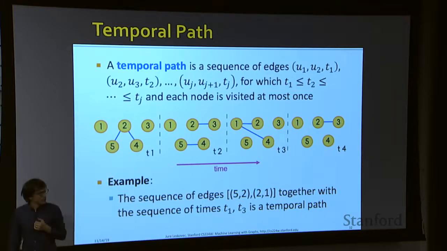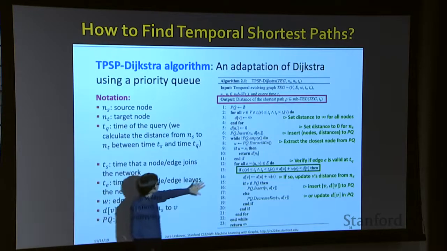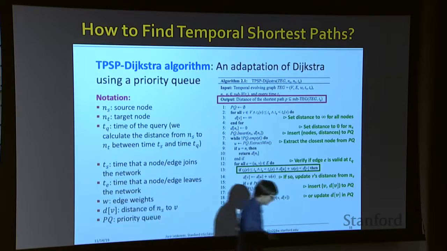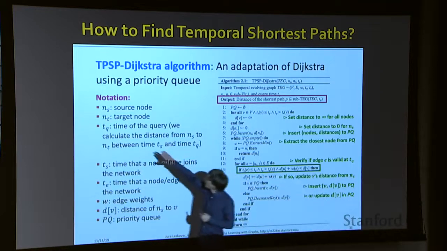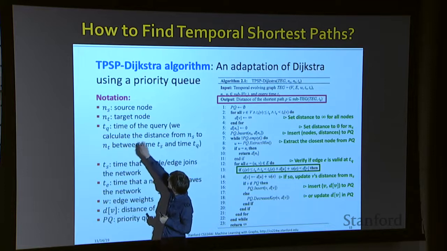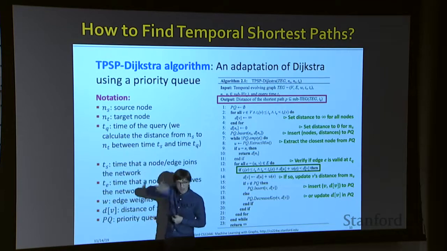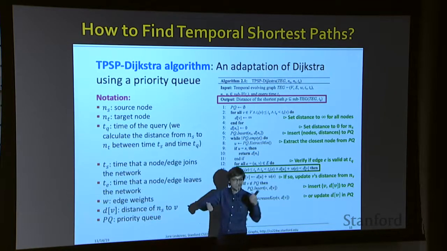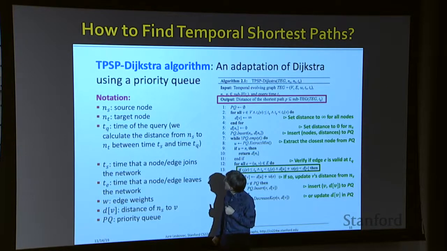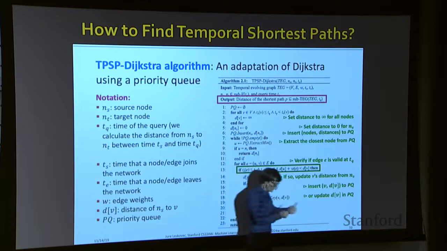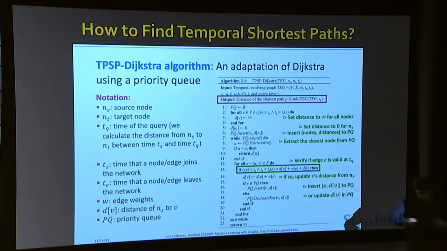So I show you a lot of pseudocode here. This is just a shortest path algorithm, but the way to think of this is that on the input I will get the source node, I'll get the target node, I'll have the time at which the query starts, so the time at which I, let's say, want to start at the starting node, and now I want to calculate the distance, the shortest temporal path that connects NS to NT.